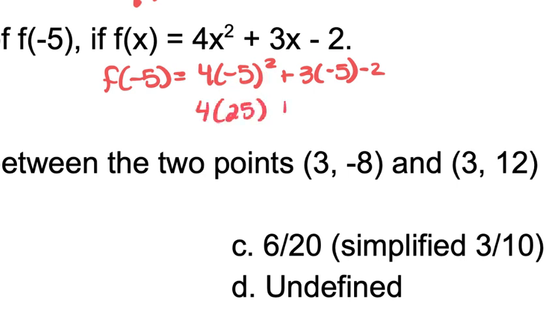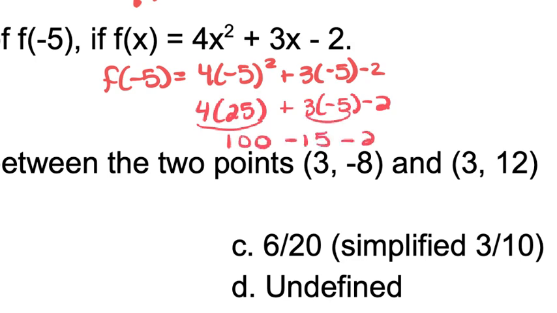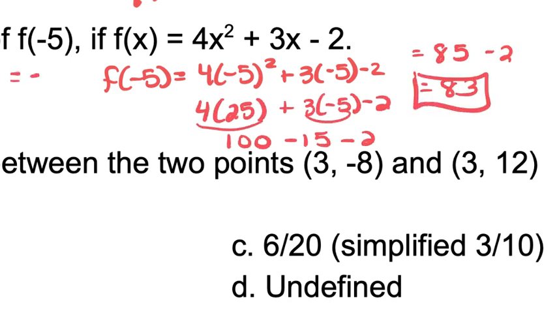Remember, when you square a negative, it's always a positive number. And we multiply, that's 100. We multiply, that's negative 15 minus 2. 100 minus 15 is 85, minus 2 is 83. So f of negative 5 is 83.